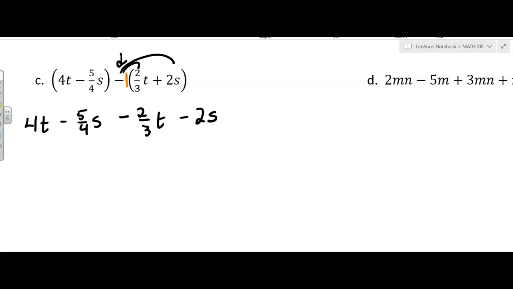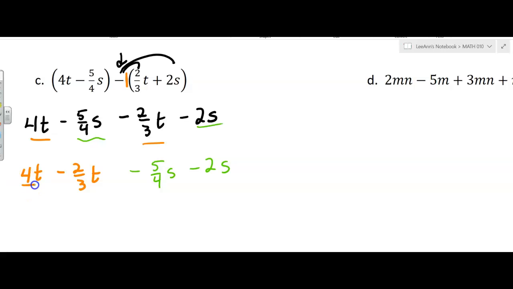That's fine. Okay, now where are the t's? I've got a 4t and a negative 2/3 t. So let me write those. 4t minus 2/3 t. And then I'm going to have the negative 5/4 s and the minus 2s. But in order for me to combine, because I've got integer coefficients and fraction coefficients, I've got to have a way to combine those.